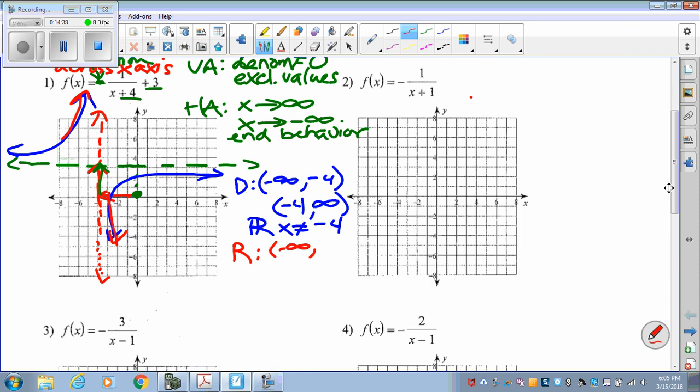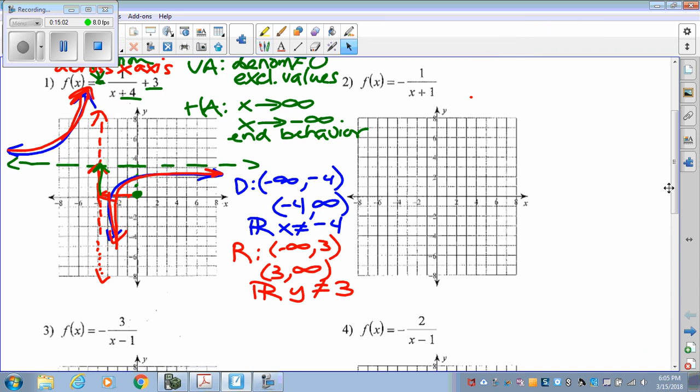It's when y is at positive 3, so from negative infinity to 3, and then from positive 3 to positive infinity. It goes up to 3, then stops, and then it picks up and goes up to infinity. So the range is also all reals, but y is not equal to positive 3.